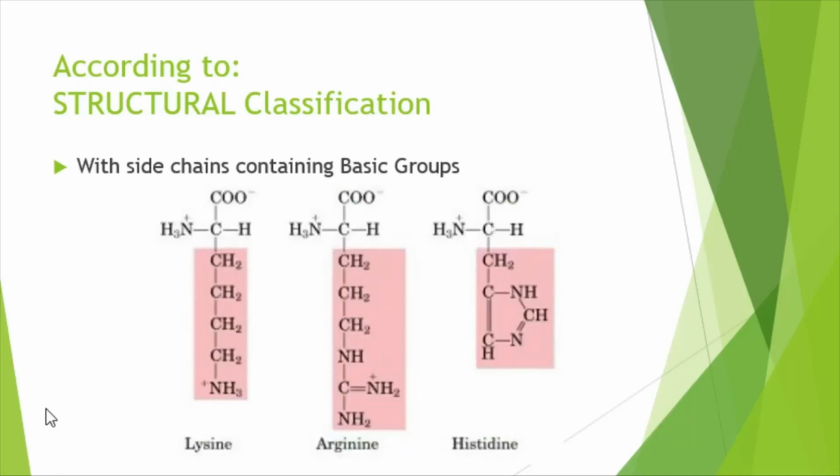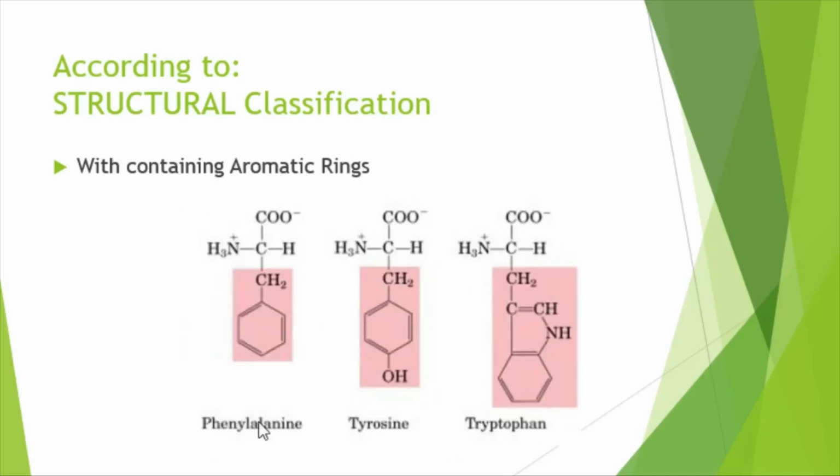Next, with side chains containing basic groups. So basic, it has NH3 or NH2. So as you can see here, we have your lysine, NH3 here, arginine, and histidine. Okay, so it has NH2 or NH3.